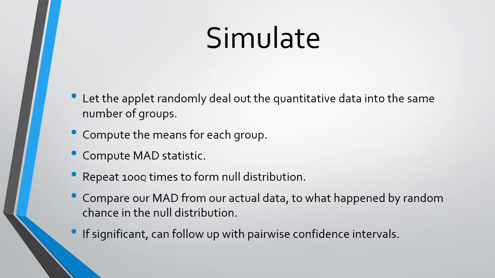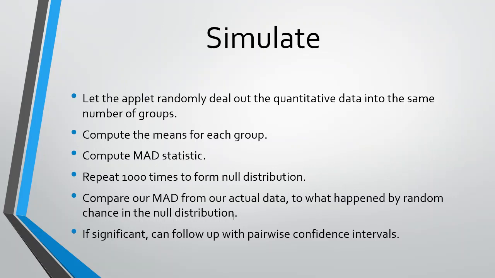Then we can repeat that 1,000 times to create a null distribution. And then we can compare our MAD statistic from the actual data to what happened by random chance in the null distribution. Either our statistic from our data will be way outside the norm, or just typical of what could happen by random chance if you randomly dealt those quantitative data into 6 piles or 3 piles or whatever and computed the MAD.